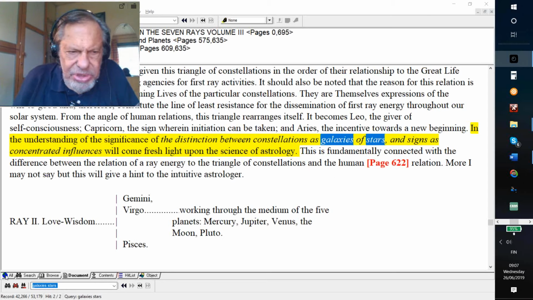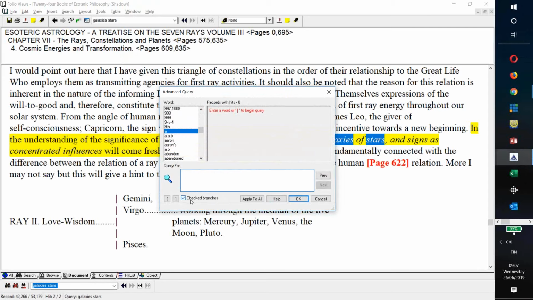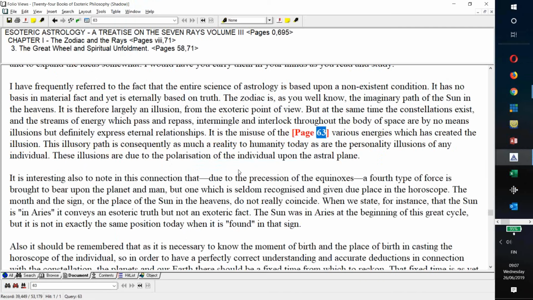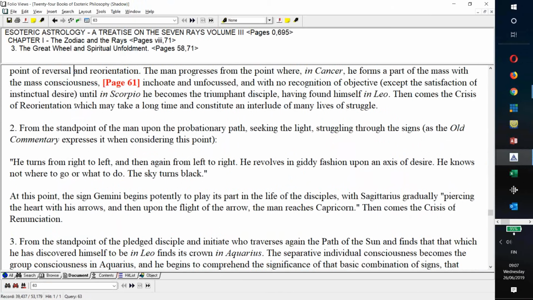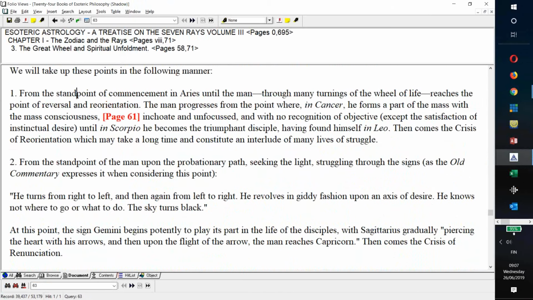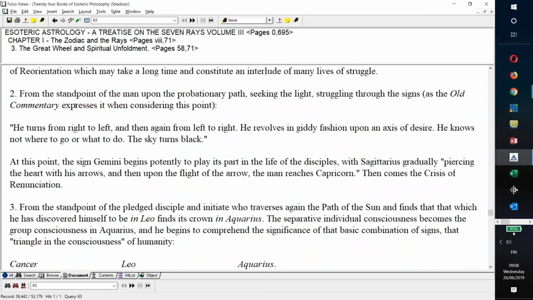And as a matter of fact, just to confirm that point, let me go to page either 63 or 61 of this. Okay. Let's see. Might be 61. Let's see what I would do.